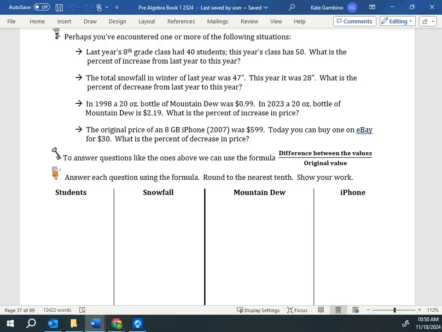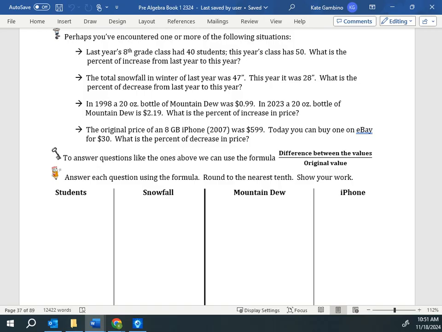What is the percent of decrease from last year to this year? Or maybe in 1998, a 20-ounce bottle of Mountain Dew was 99 cents, but in 2023, a 20-ounce bottle of Mountain Dew is $2.19. What is the percent of increase in price?